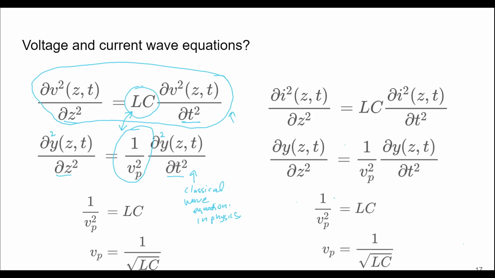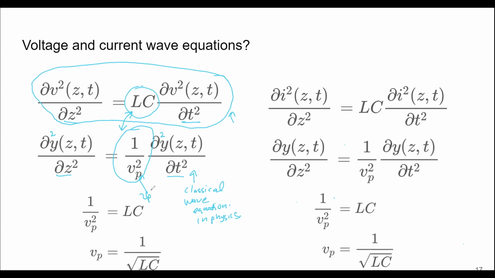So in classical waves in physics, we define the wave equation using this equation. In this equation, we have a term called wave velocity, given by this Vp, and this Vp denotes the wave velocity.